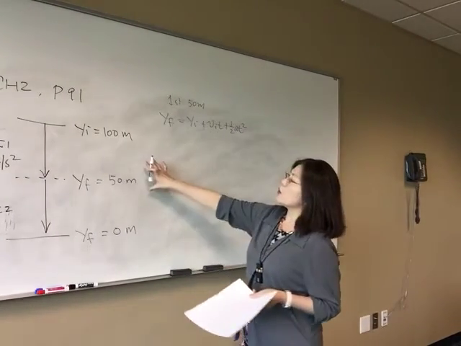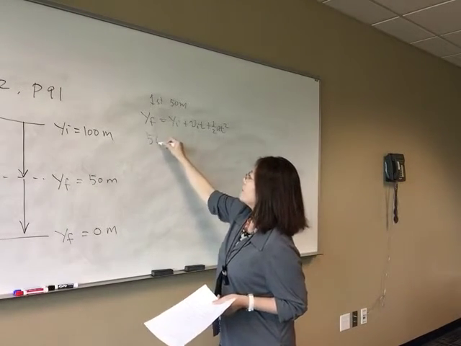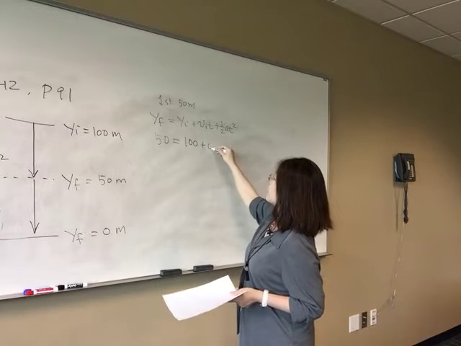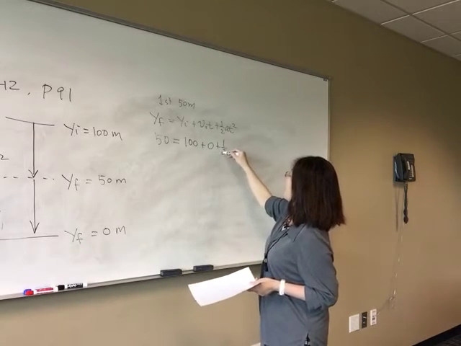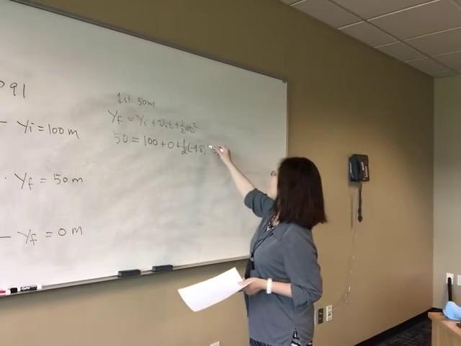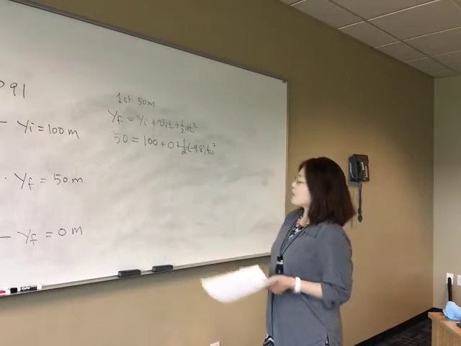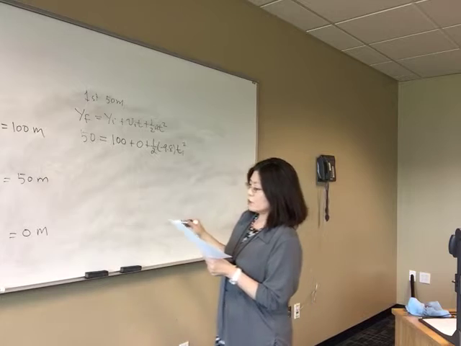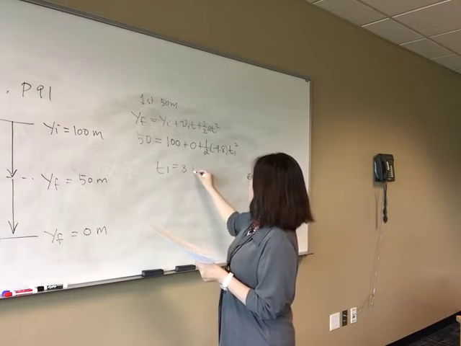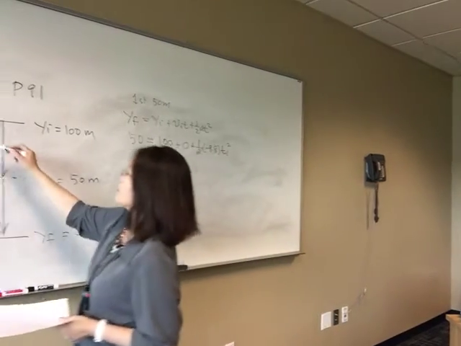The final height during the first 50 meters will be 50, and the initial height is 100. The initial velocity is 0, plus 1/2, the acceleration is negative 9.8, and t is what we'll also find, so we use T1 squared. After you plug in the numbers, you should find that T1 is equal to 3.19 seconds. So that answers the first question.